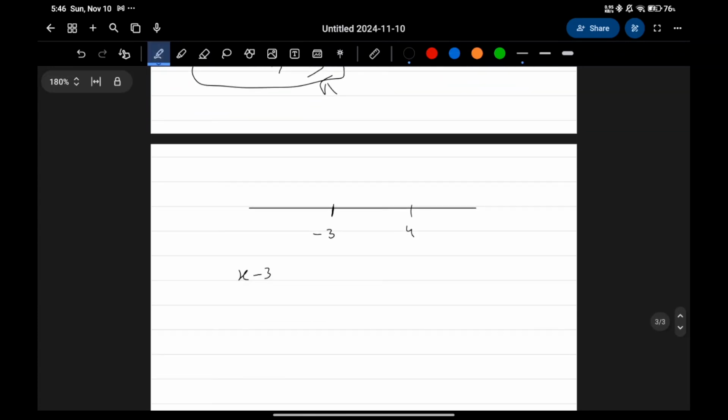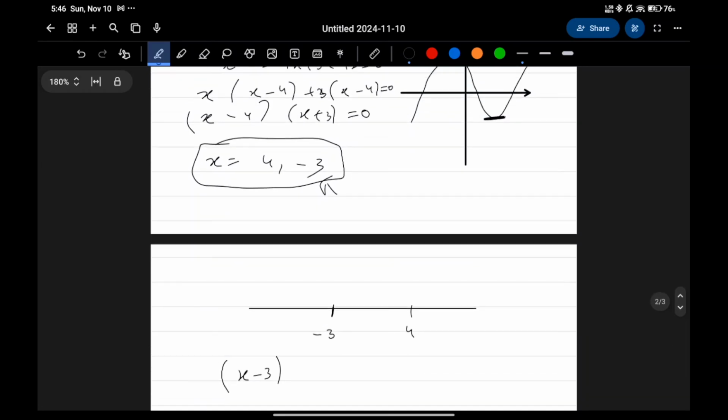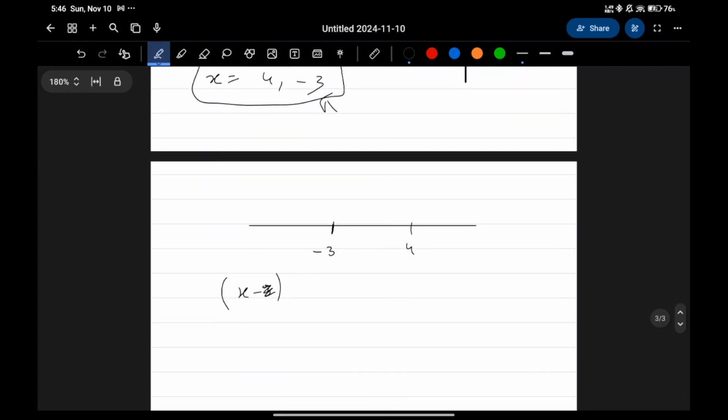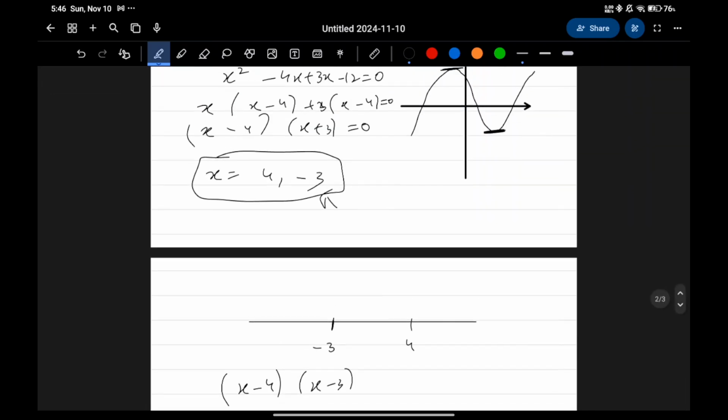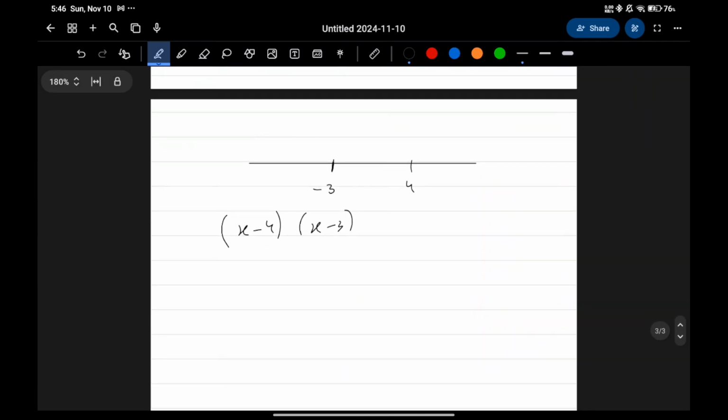I'm going to put that over here. x minus 4 and x plus 3 equal to 0. Okay, so what are we doing right now? Right now, we are trying to find the increasing, decreasing and local max and min.